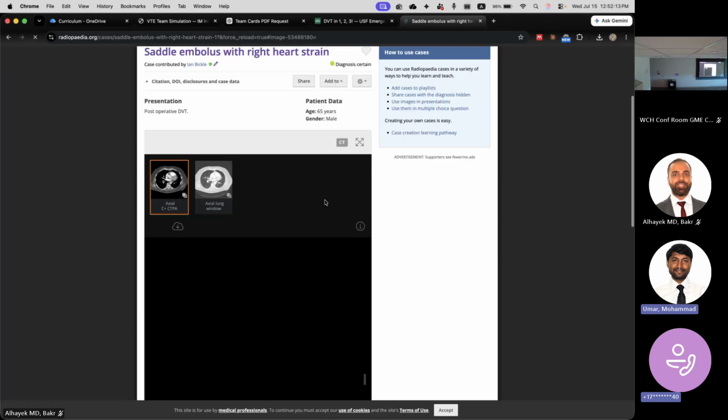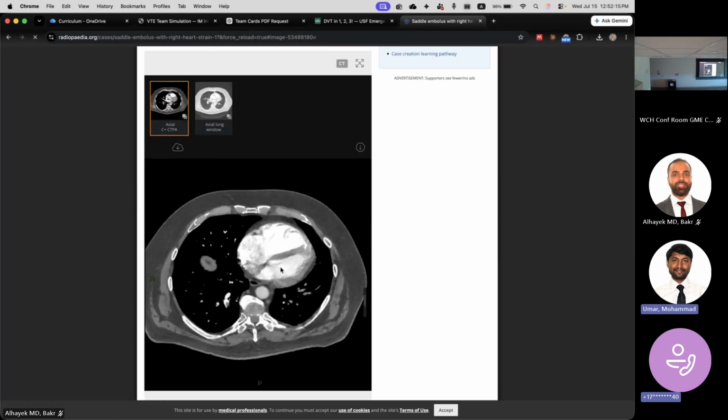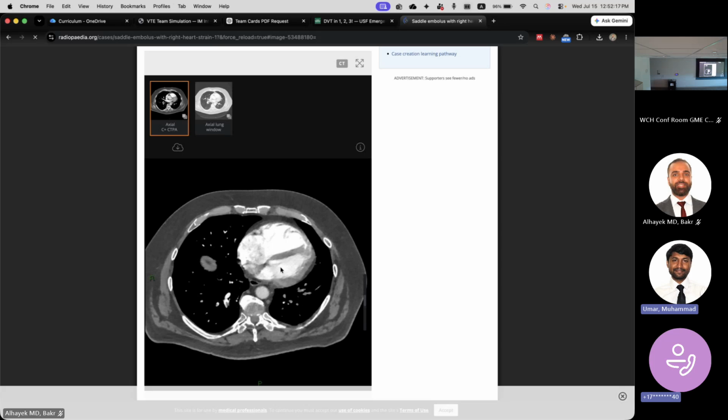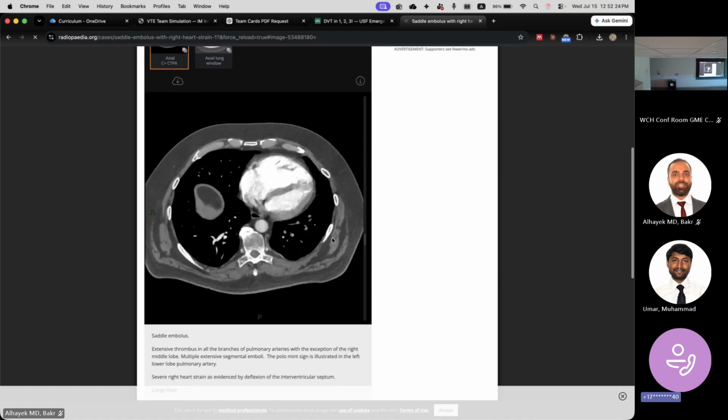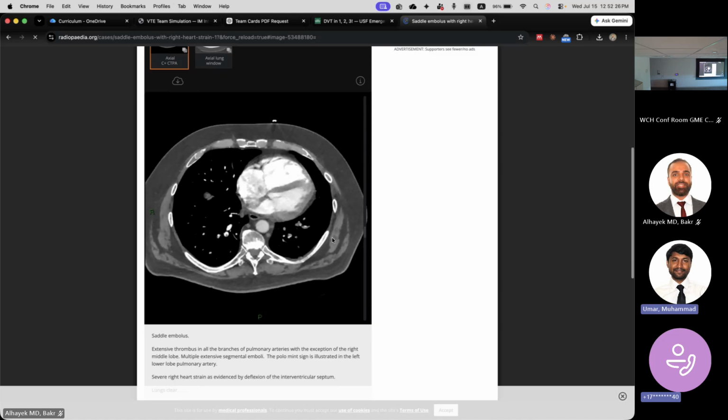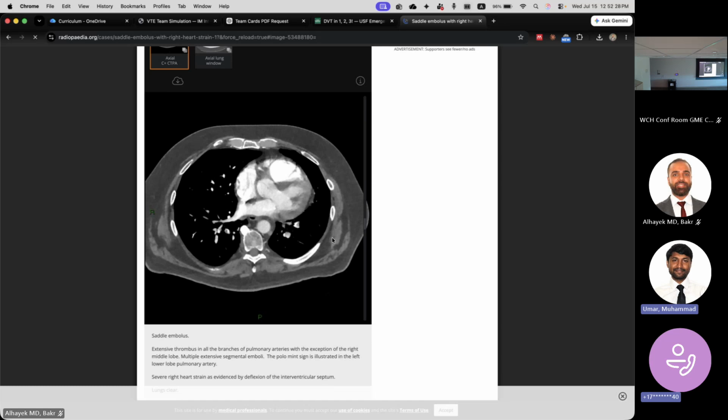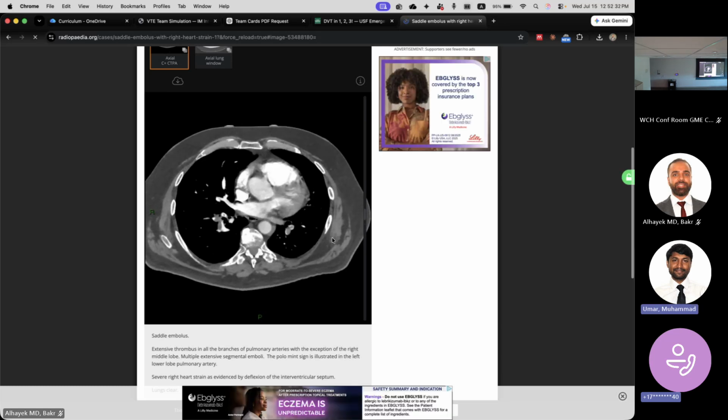Always look at your imaging. It's nice that you're going to read the report, but always look at your imaging. So I'm just going to walk you guys through this as well. Do you guys know about Radiopaedia? This is a very, very nice website.